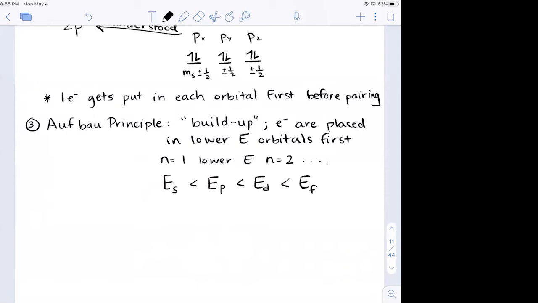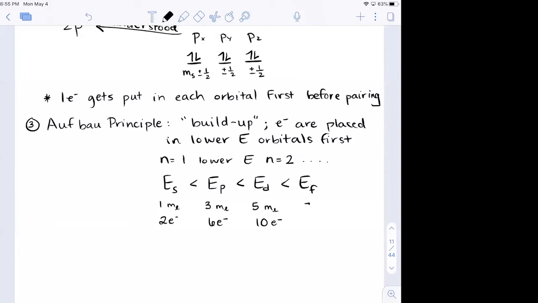How many electrons are we putting in there? For the s orbital, we have one option for Ml, so 2 electrons total. When we have the p orbitals, we have 3 options for Ml, which would be 6 electrons total. More electrons, more repulsion, higher energy. For the d, we have 5 options for Ml, so that is 10 electrons total.